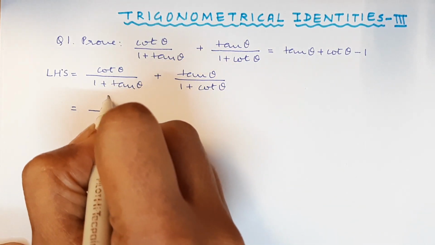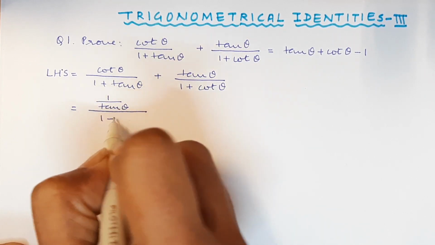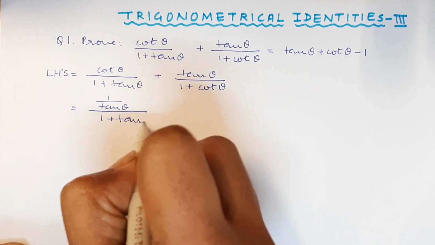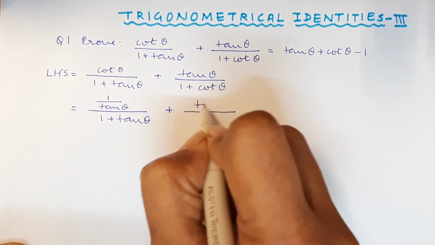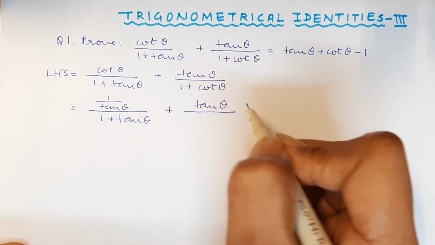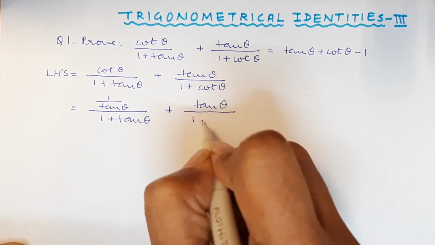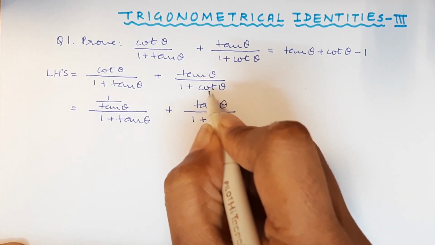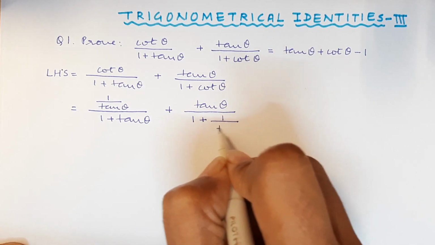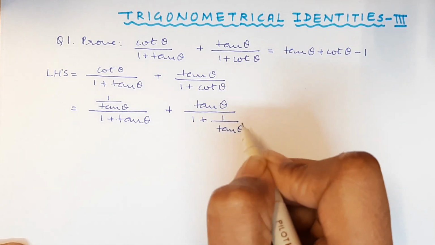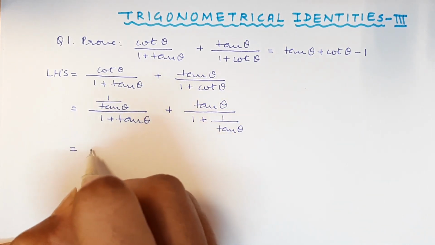So, let us take this as 1 upon tan theta and the denominator will be 1 plus tan theta as it is plus. Let us take the second ratio, that is tan theta upon 1 plus cot theta, and we will write the denominator as not 1 plus cot theta, but cot will become 1 upon tan theta. Why am I doing this? So that I can simplify it better.